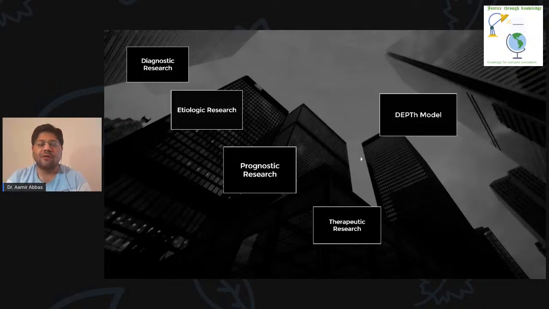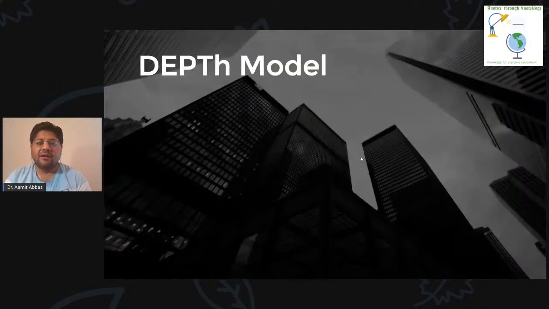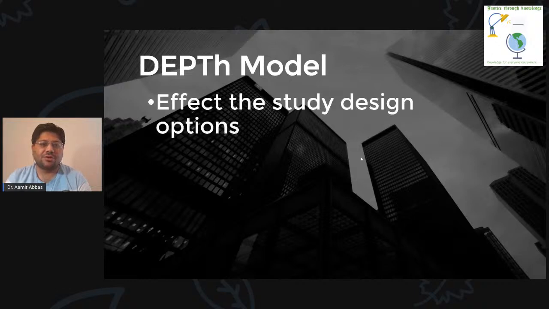And you need to be sure when you're formulating your research question where in the DEPTH model your research question lies, because you need to choose a study design on the basis of the research question, and the study design option will depend much on where your research question lies in the DEPTH model, which means whether your research is diagnostic, etiological, prognostic or therapeutic research.